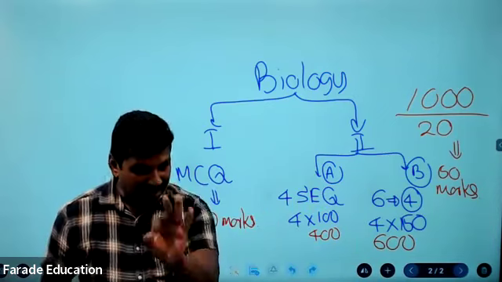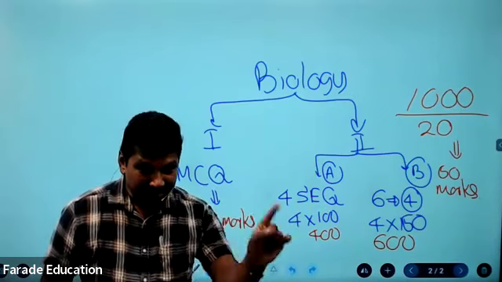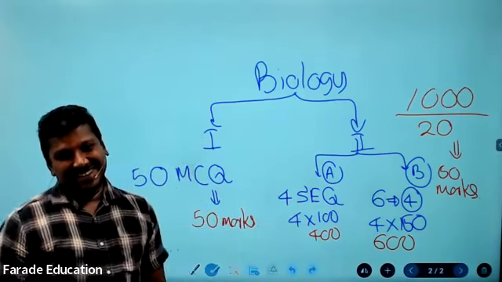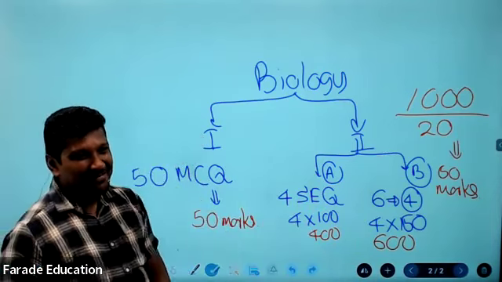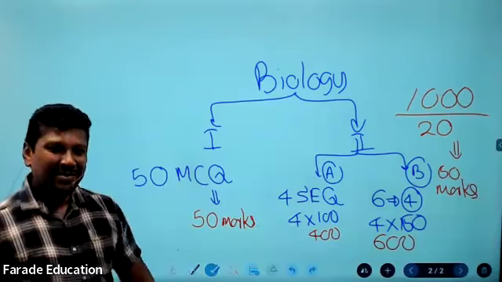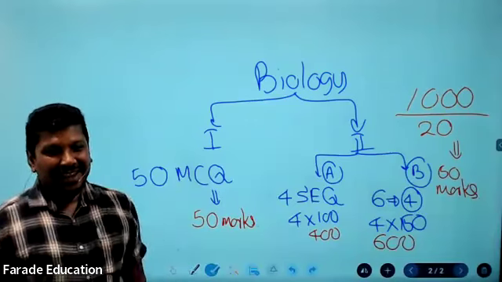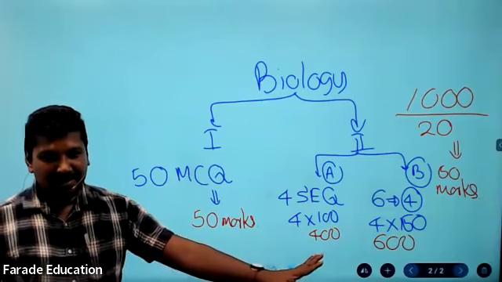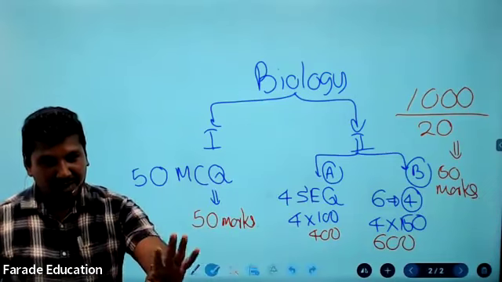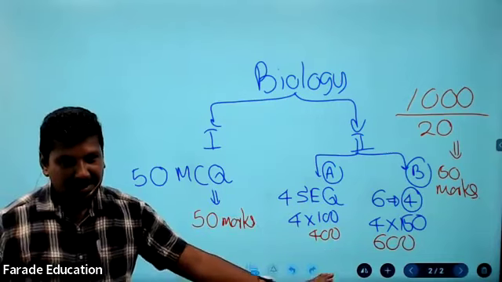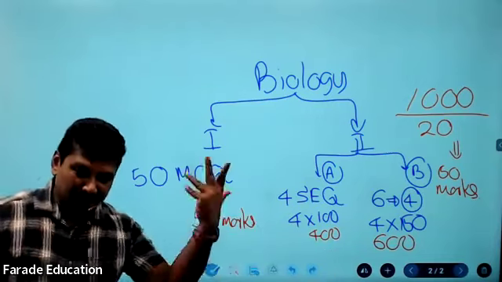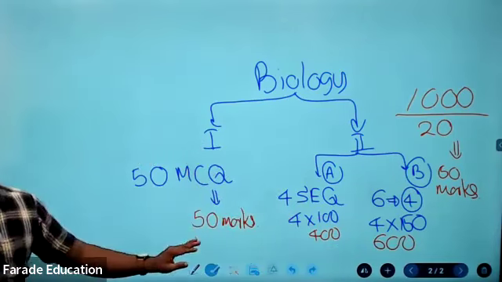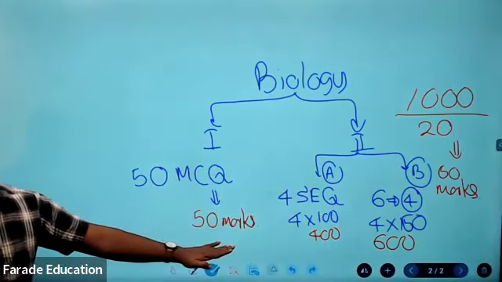If you mark an incorrect one, that will count -1, right? But not for the A levels. You can mark all 50, and if you wrongly mark 5, that means 45. But in medical faculty, if you wrongly mark 5, that means 40. That is minus another 5 goes, right? So this is the basic pattern of your exam, right?